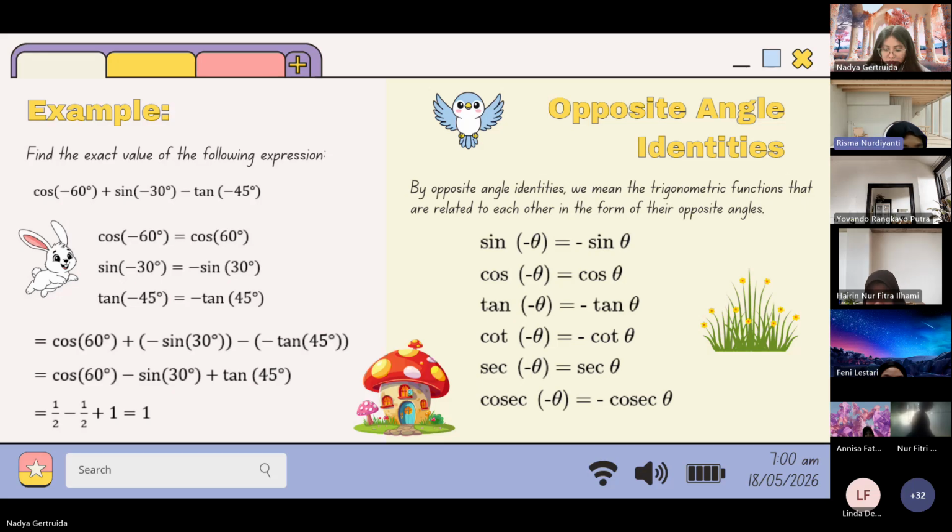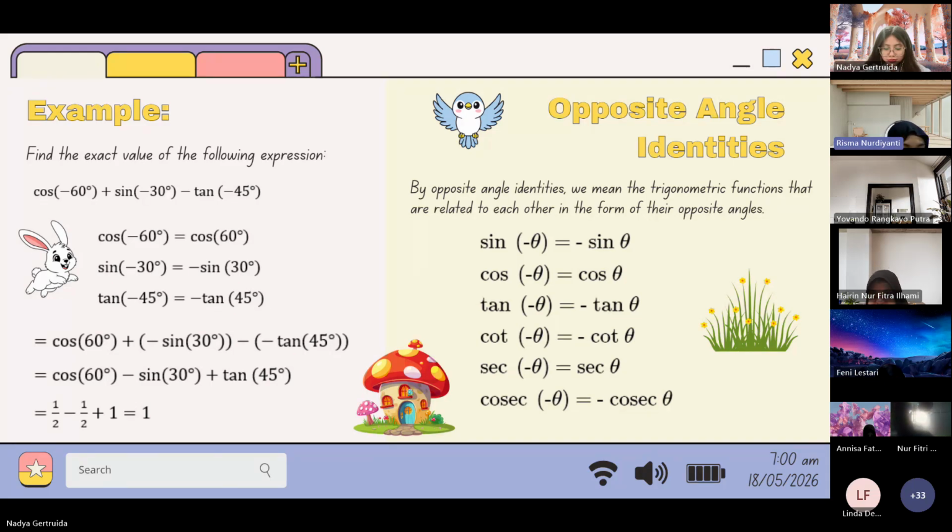Third, tangent negative theta equals negative tangent theta. Fourth, cotangent negative theta equals negative cotangent theta. Fifth, secant negative theta equals secant theta. Last, cosecant negative theta equals negative cosecant theta.